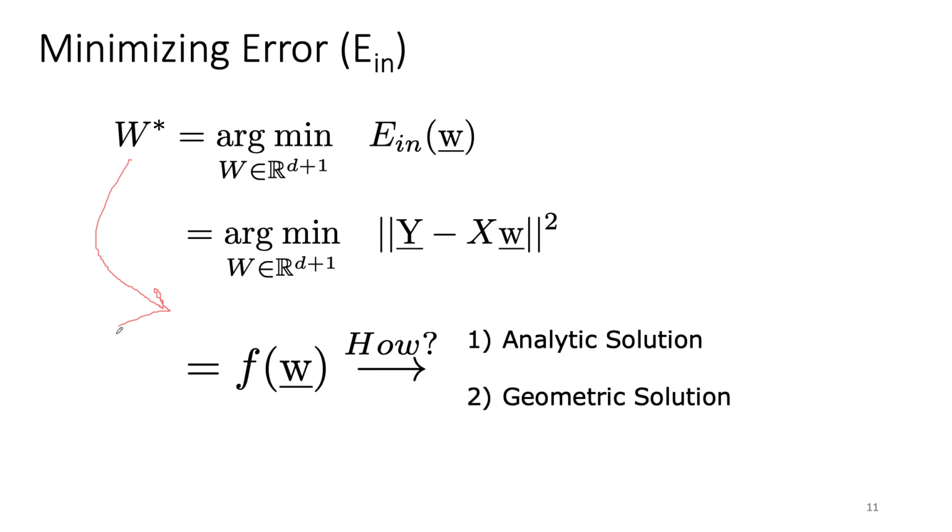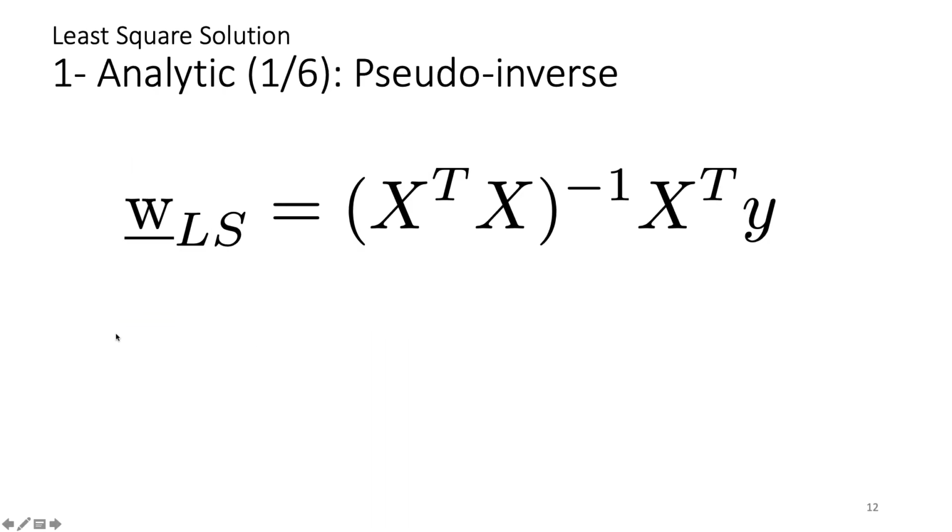So let's talk about the first method, which is the analytic method. We're going to arrive at this matrix, and it has a very simple proof. So we're going to present it in a few slides. The analytical solution for minimizing the least square is through computing this matrix.